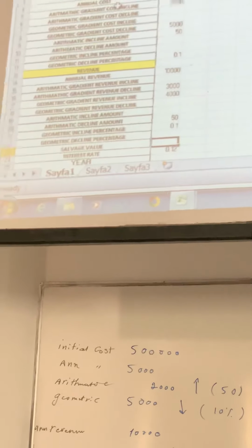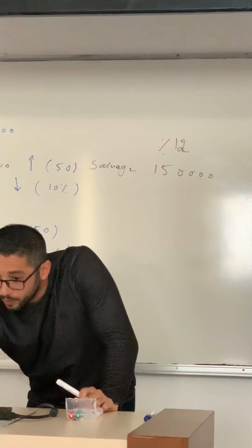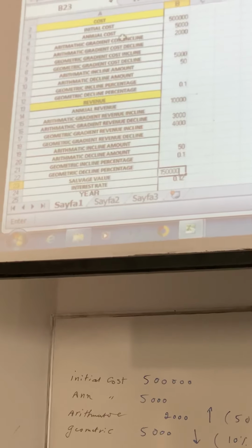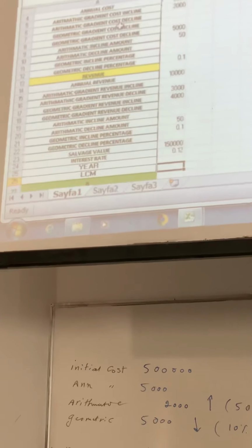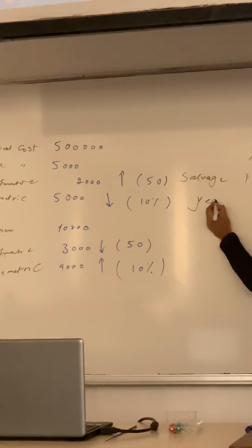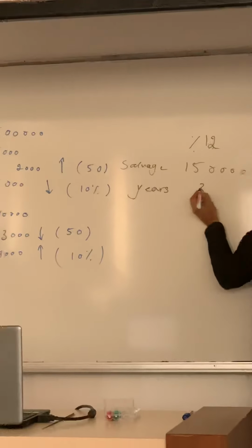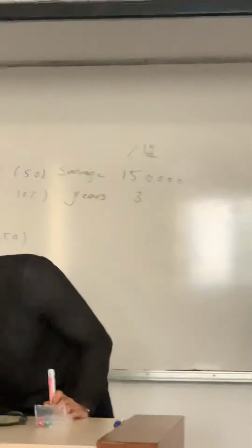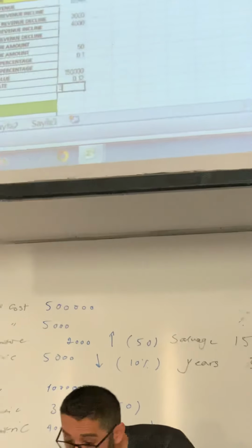Then you have a salvage value of 150,000. Then the number of years. We do it for 3 years for this one, so we consider the years as 3.